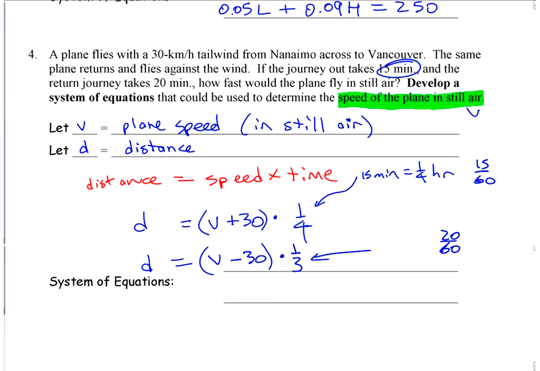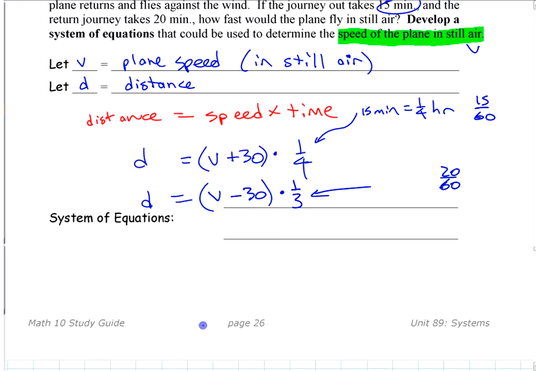If you wanted to go about solving that, you could get rid of the brackets a bunch of different ways. You could times both sides by 4 on the first one if you want to write them without fractions because you happen to not like fractions. Take D equals V plus 30 times 1/4. You could times both sides by 4, because then that'll cancel that out. You'll get 4D equals V plus 30.